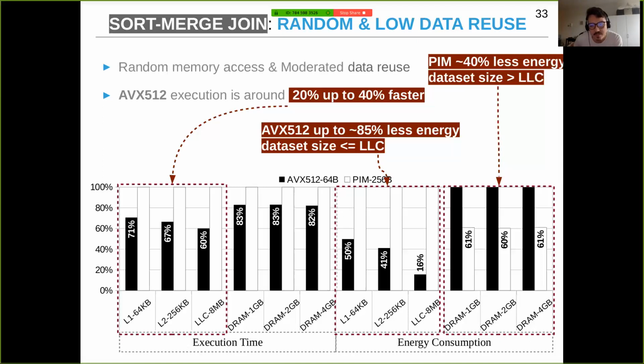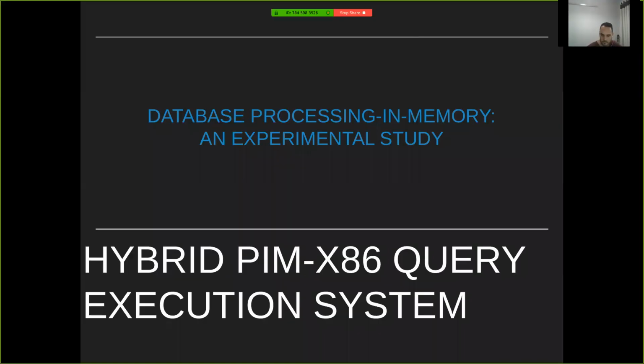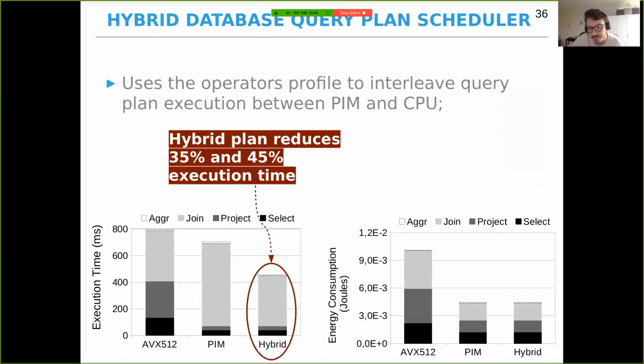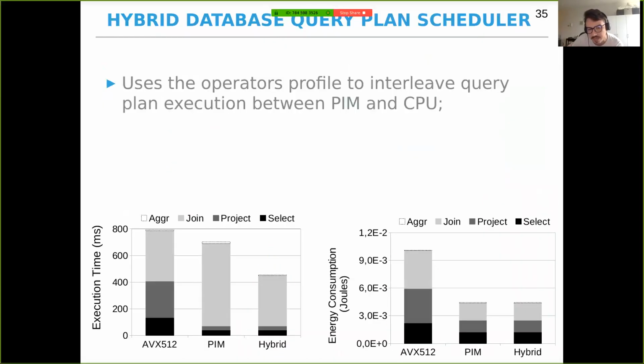Tiago, about the hybrid approach that you use, I was just wondering if you have some sort of partition between the CPU and the hybrid memory cube. Do they execute the same operation together at the same time, or do you first execute on the hybrid memory cube and then on the CPU?